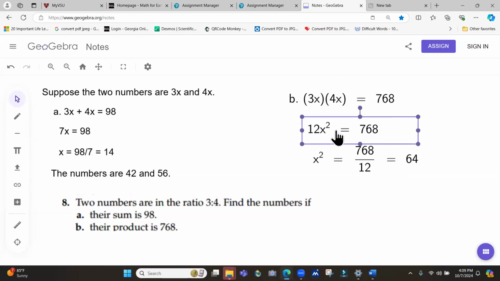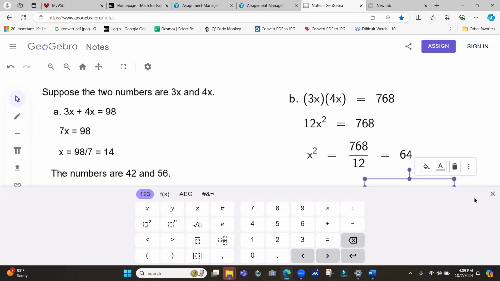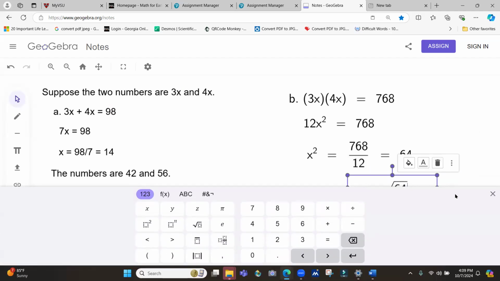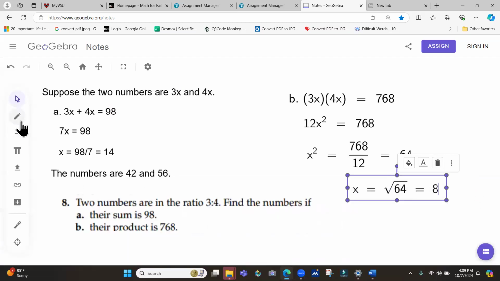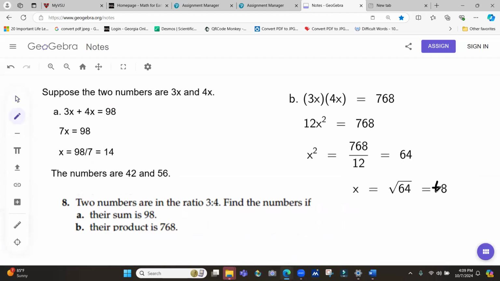Now, I do want to know x just like part A. In order to find x, I'm going to find the square root of both sides. And the square root of 64 is plus minus 8. And yes, you have to put plus and minus. I don't have a good way of writing it. I'm just going to put it here. That's your x.